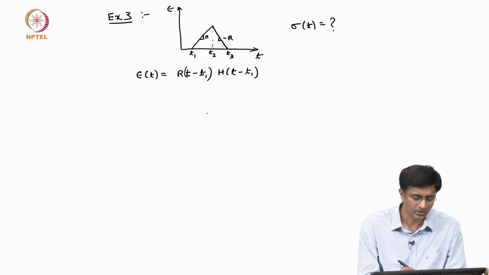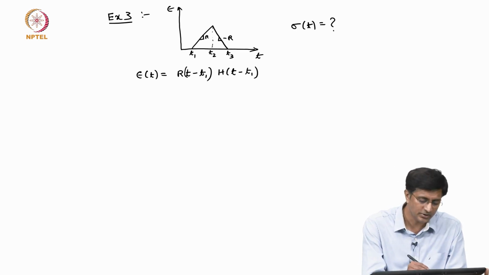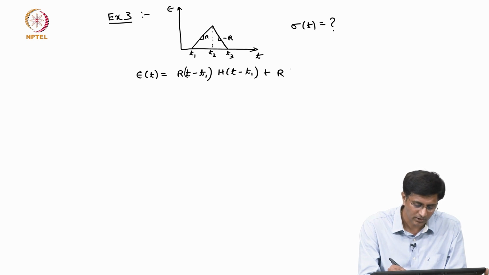This is the input for the initial loading between times t1 and t2, but for times between t2 and t3 it is r of t minus t2.